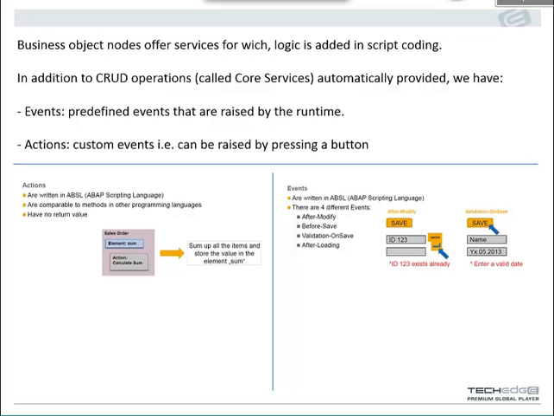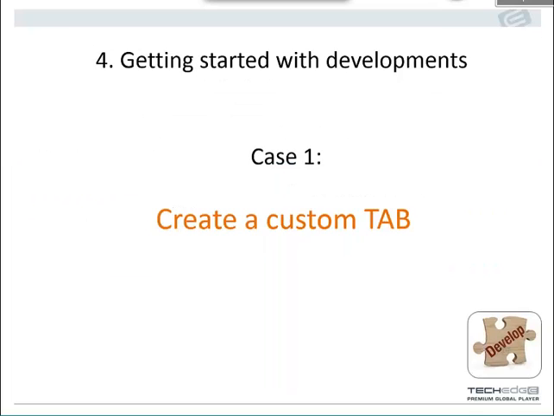In addition to the classical create, read, update, and delete operations, we have events, like the classical module pool events in ABAP, and actions, which are custom actions that can be triggered, for example, by pressing a button or by business logic.